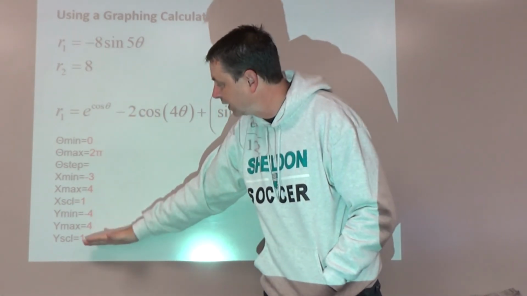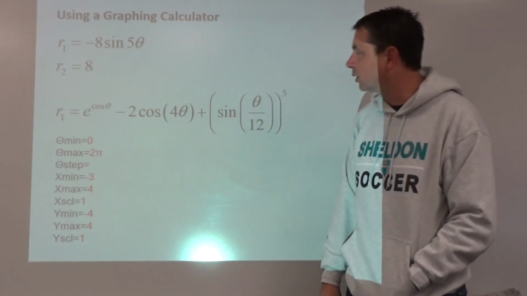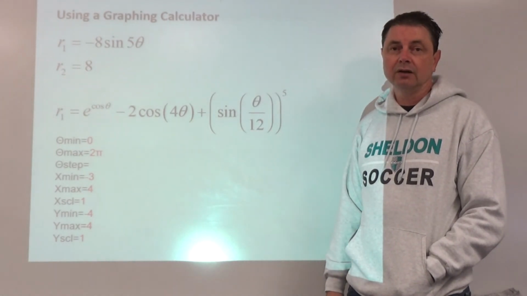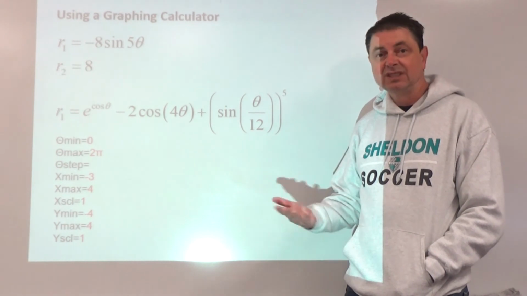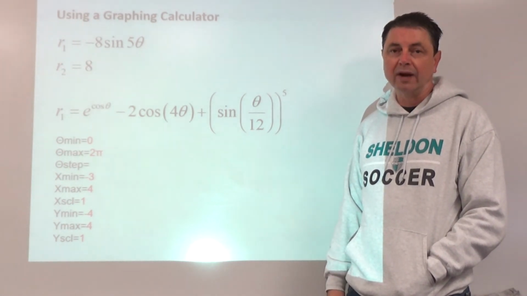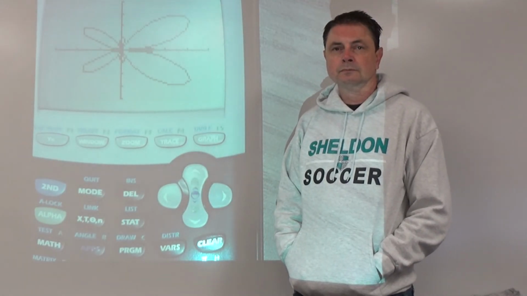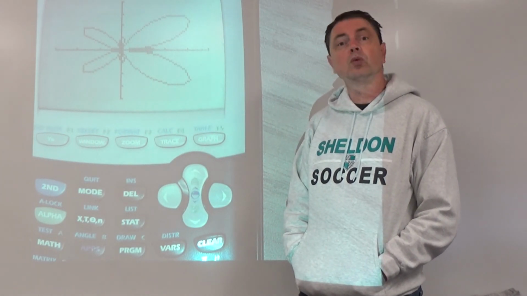These are the window settings you want to use. Remember, don't mess with the step. Get this into the calculator, hit graph, and see what you got. What do you think we would call this polar graph? If you guessed butterfly curve, that is exactly what we call this one.